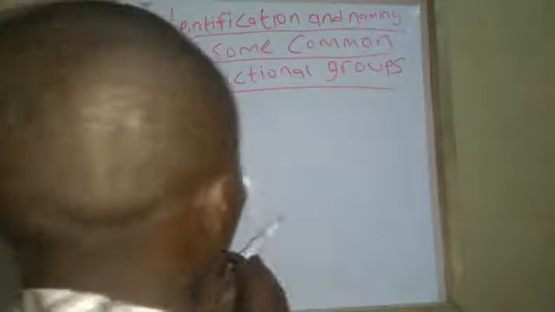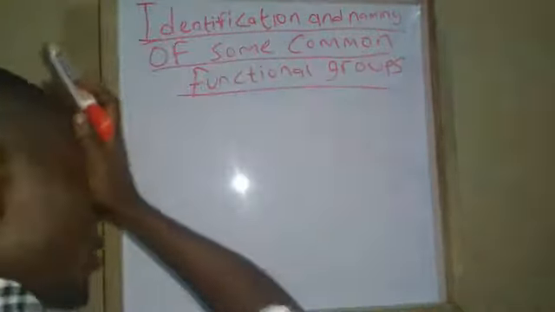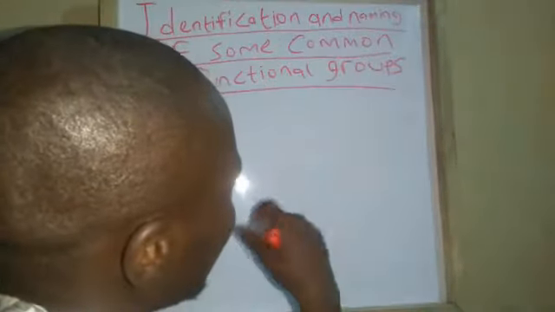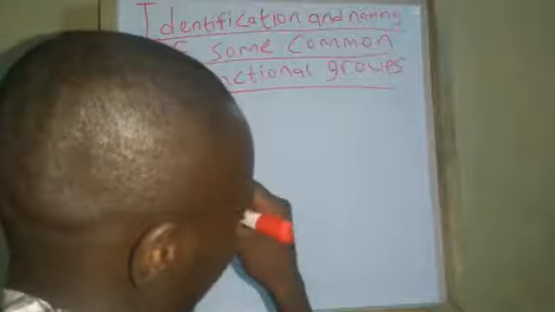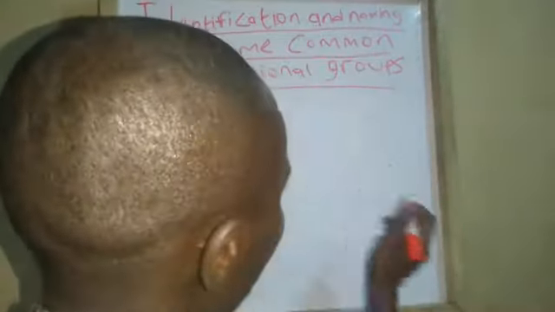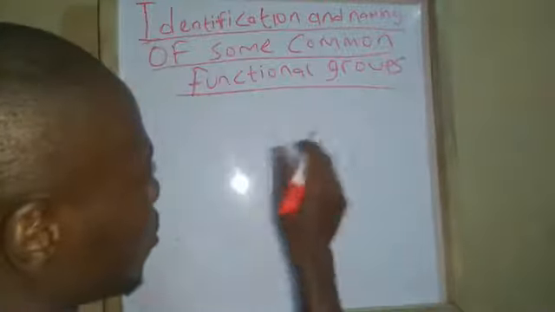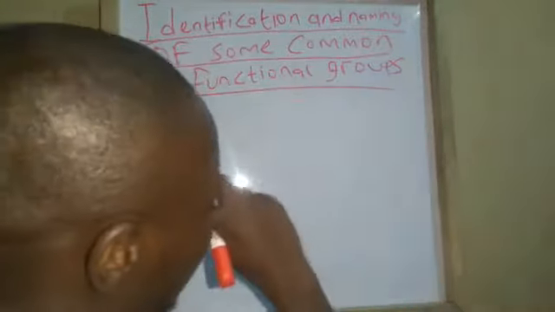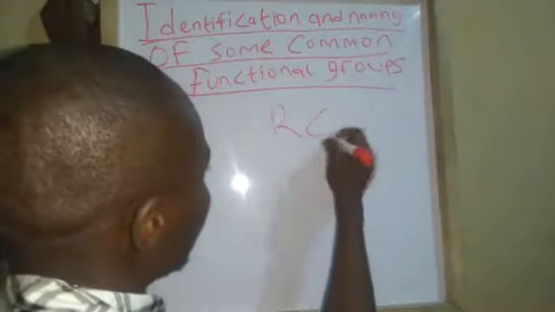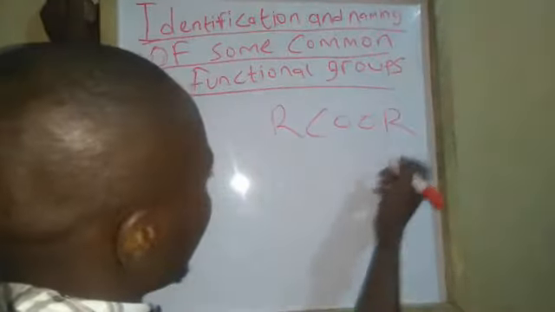So let's say we want to draw the structure of propyl propanoate. Propyl propanoate. Don't forget in the structure RCOOR. Are you getting it?